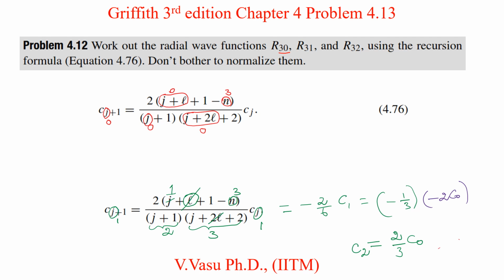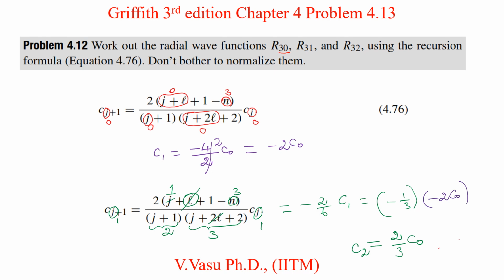So c1 is numerator minus 4 divided by the denominator 1 into 2, that is 2, times c naught. If you cancel these, you will get minus 2 c naught.